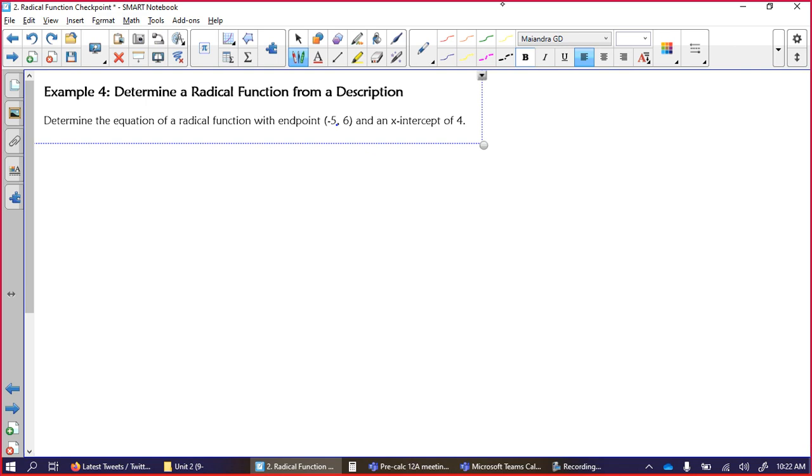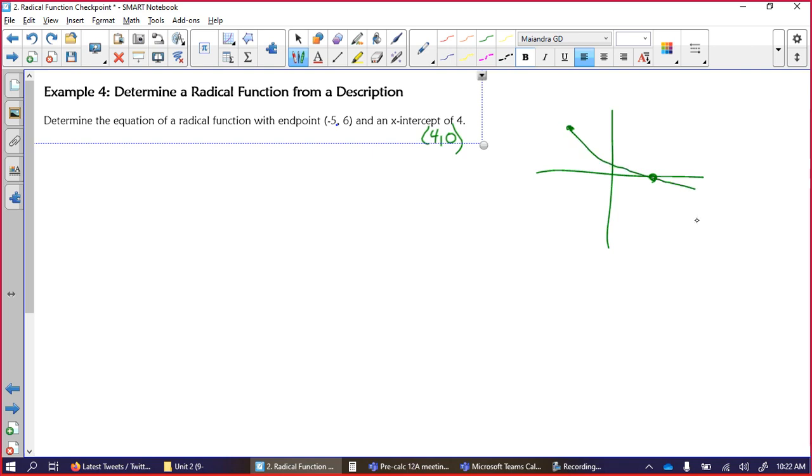Determine the equation of a radical function that has an endpoint of negative 5, 6 and an x-intercept of 4. So this is where it starts. Well, an x-intercept of 4 is 4 and 0. That's way down in there.